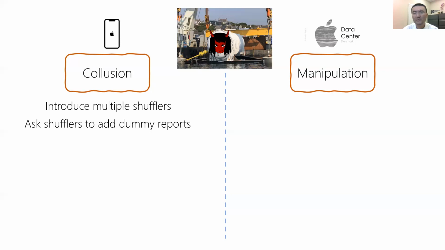We then came up with some defense ideas. First, to reduce the risk of collusion, it is pretty natural to introduce more shufflers, and the likelihood of the server colluding with all the shufflers is smaller. The shufflers can also add dummy reports to further protect the users.